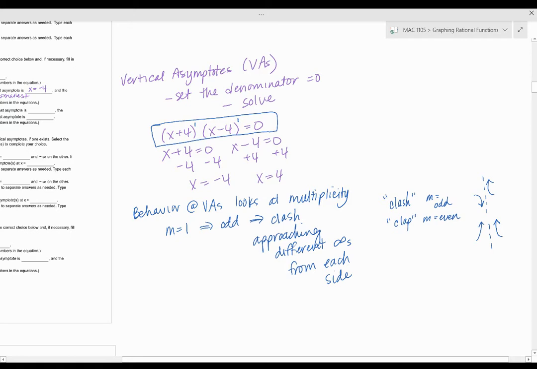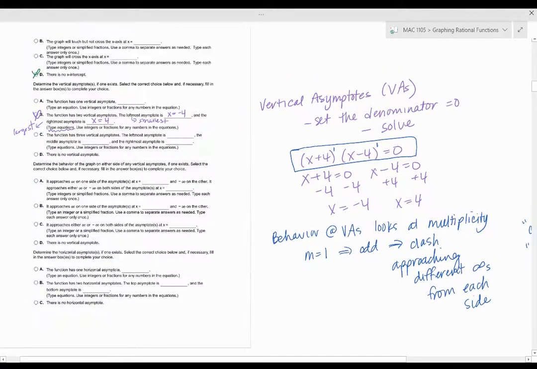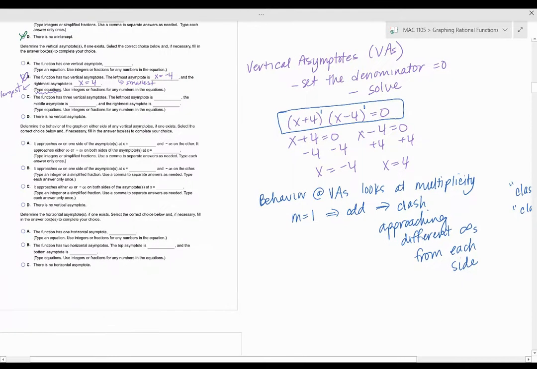Which means that as you come from the left side or right side, you might be going to positive infinity on one side and negative infinity on the other side. So let's look at our choices. A says that it approaches infinity on one side of the asymptote at x equals blank and negative infinity on the other, and then it approaches either positive or negative infinity on both sides.